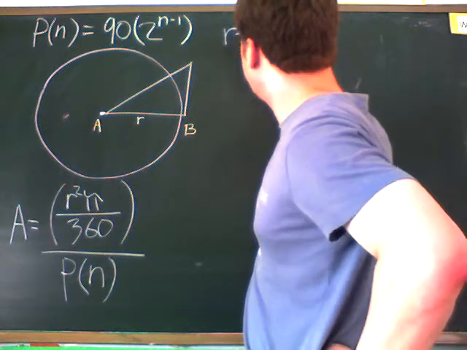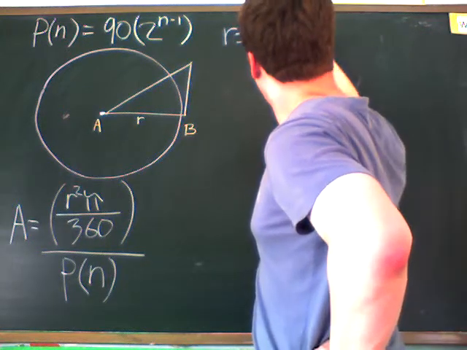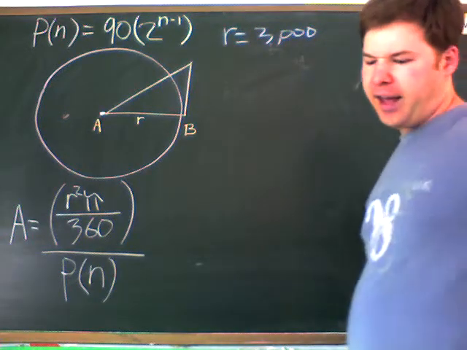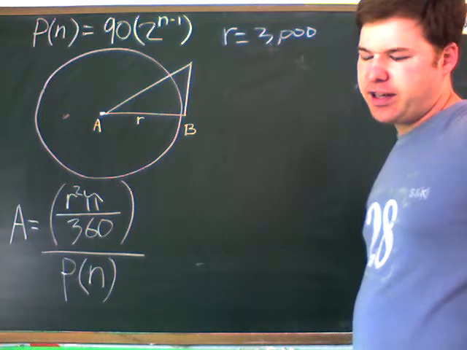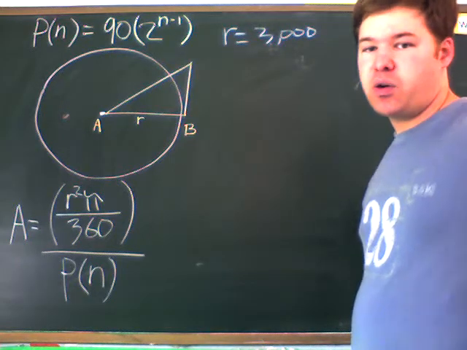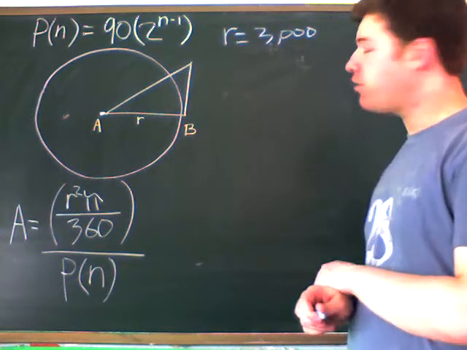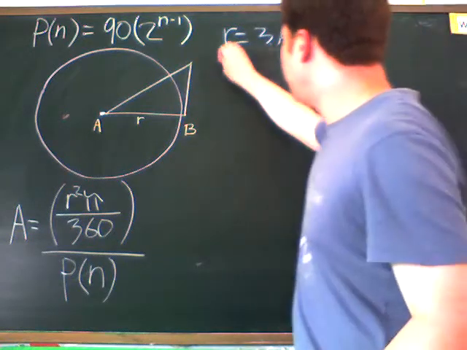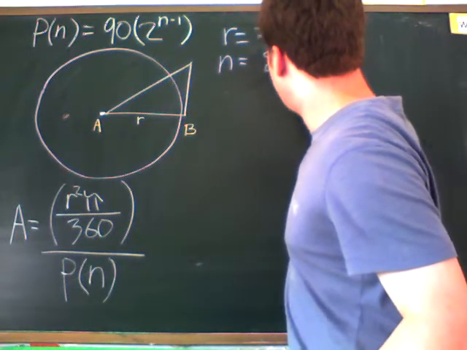So R equals 3,000. And let's use a nice, round, even number for n, and let's say n equals 8.